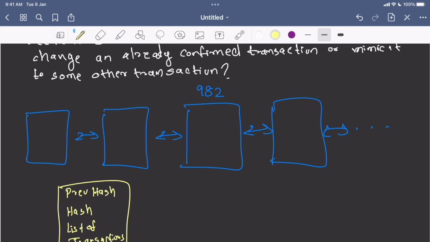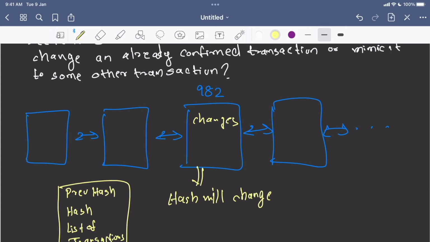So if a bad actor changes something here in block 982, the hash of this block will change, since the hash depends upon all the data in that block.